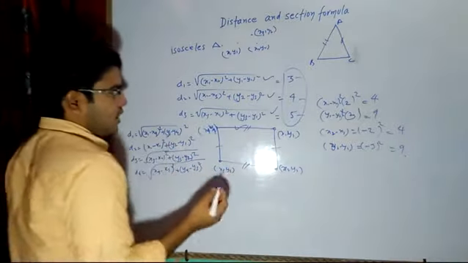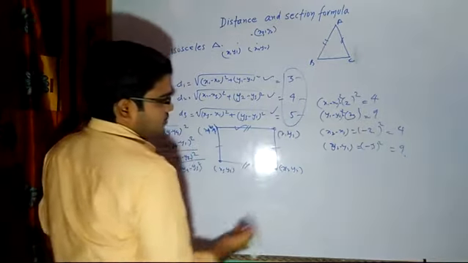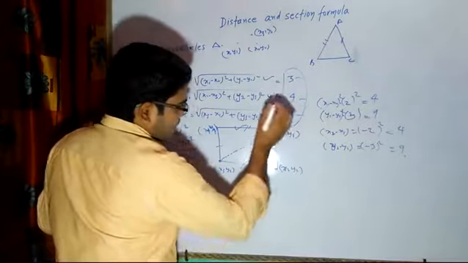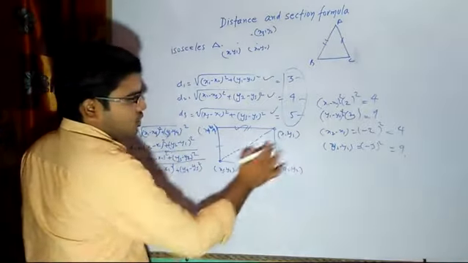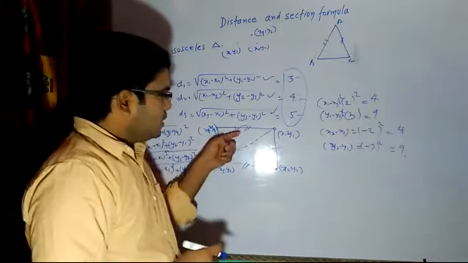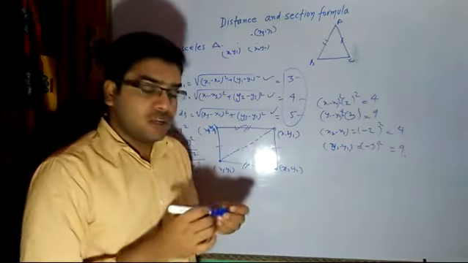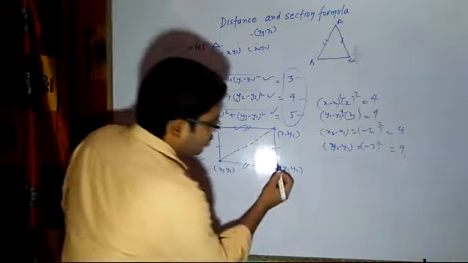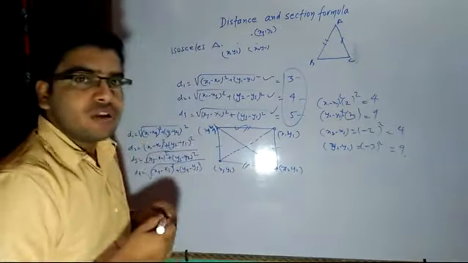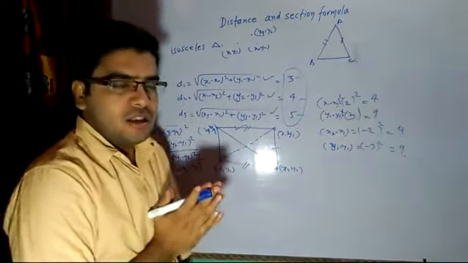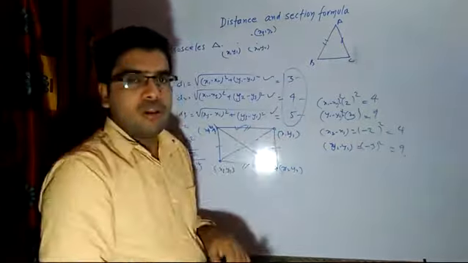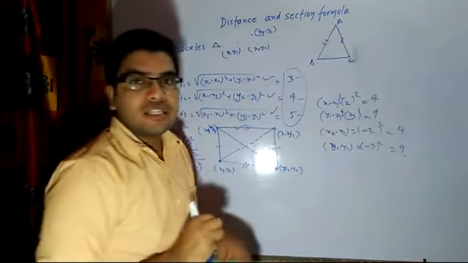Once you prove that opposite sides are equal, in this case you can say this is a parallelogram. Then you can say it is also a rectangle, provided you prove that the diagonals are equal, because in the case of a rectangle, only if the two diagonals are equal and opposite sides are equal can we say that it is a rectangle.